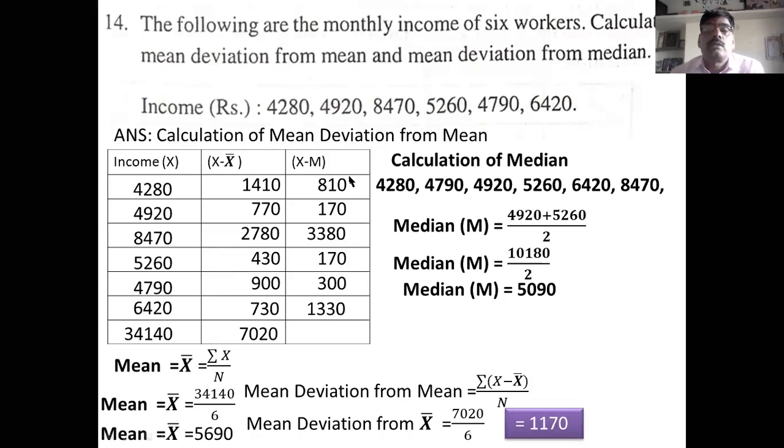You don't put minus or plus. Now you take the total of this column. 6,160 is the total.